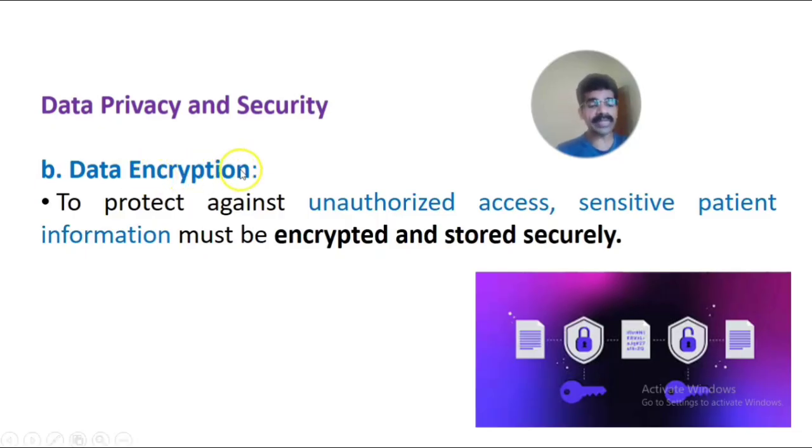Thus data encryption is the protection of the patient's medical and healthcare information against unauthorized persons or teams. Only the medical team members involved in the patient care and treatment should have access. Otherwise it must be encrypted and stored securely. That is about data privacy and security.